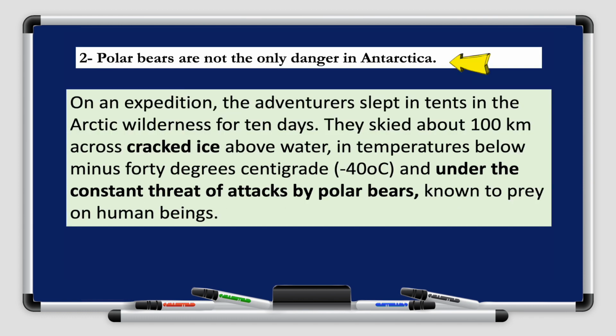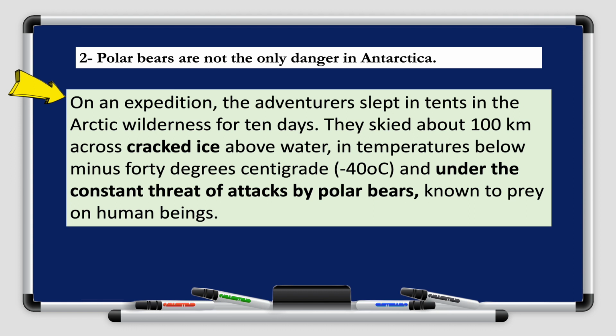Number two, polar bears are not the only danger in Antarctica. Reading the paragraph. On an expedition, the adventurers slept in tents in the Arctic wilderness. For 10 days, they skied about 100 kilometers across cracked ice above water in temperatures below minus 40 degrees centigrade and under the constant threat of attacks by polar bears known to prey on human beings.